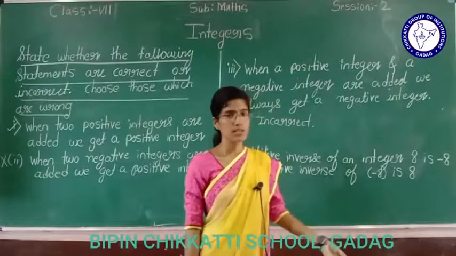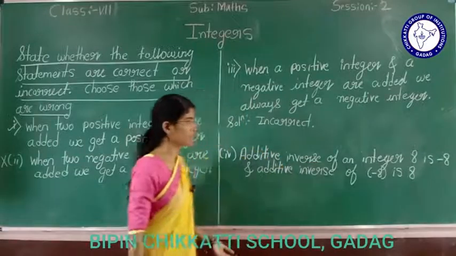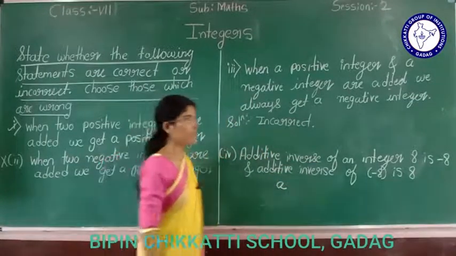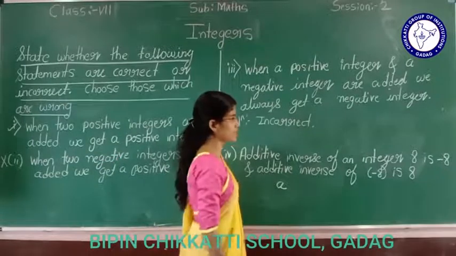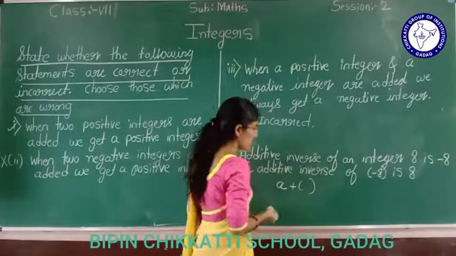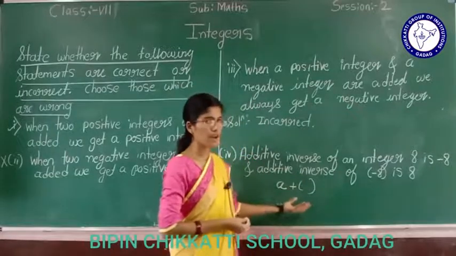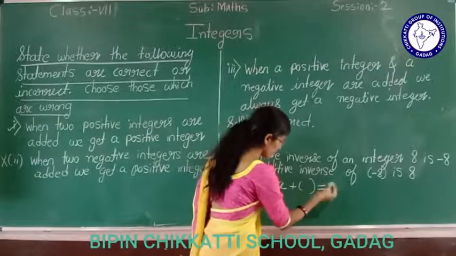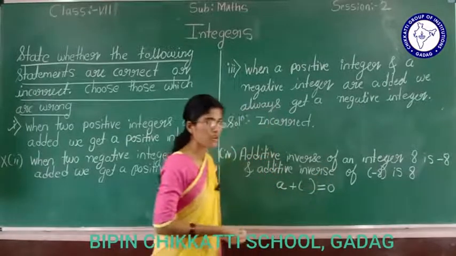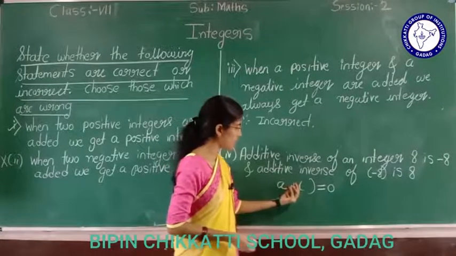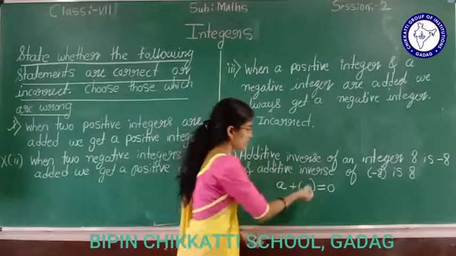Additive inverse means, what is the meaning of additive inverse? If I take an integer as a, if I do addition, it should come to 0. For what integer, a plus what is equal to 0?